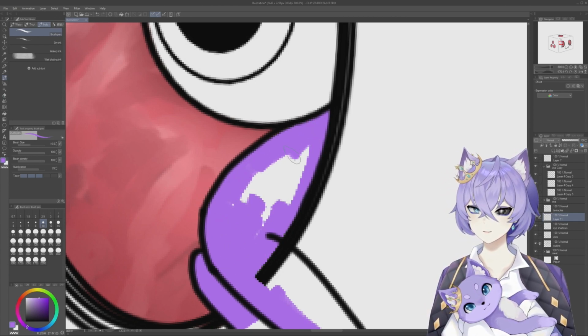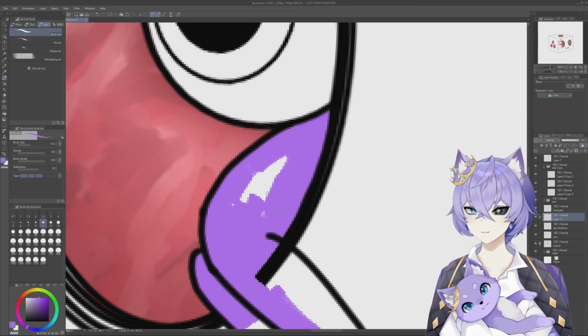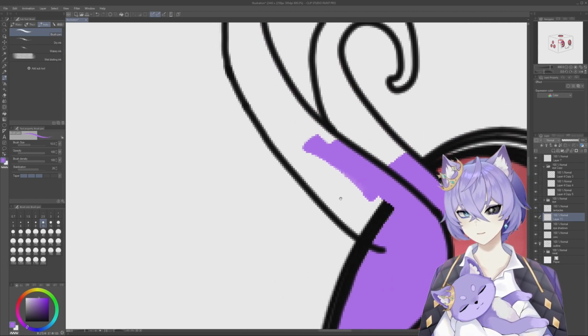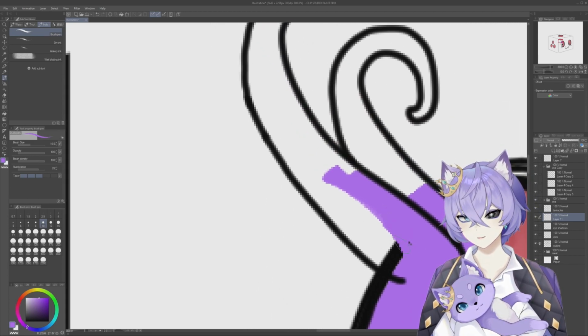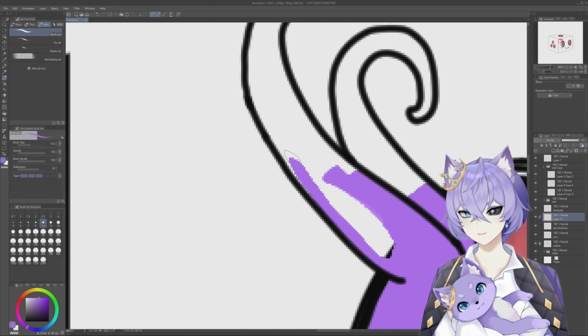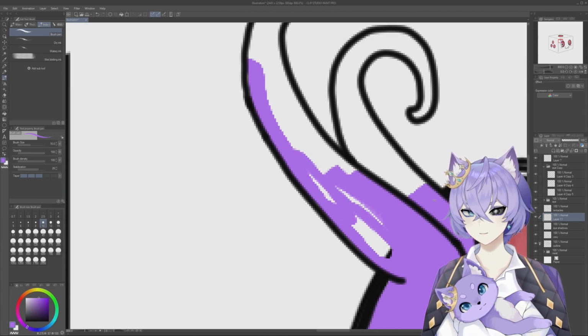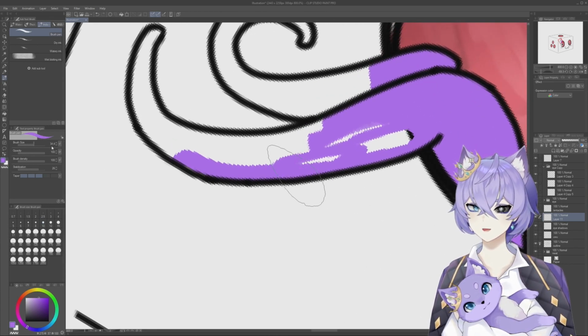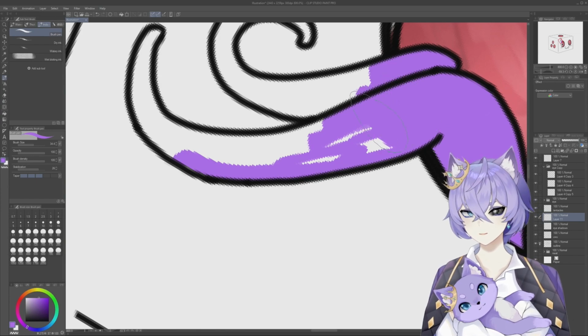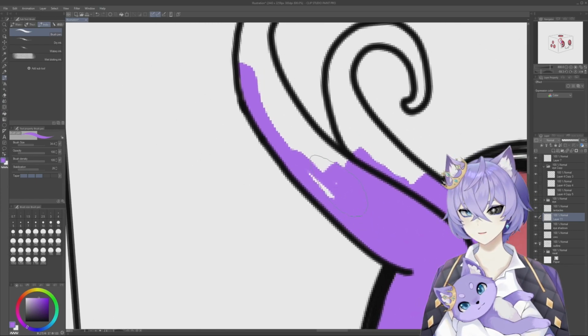Color this in. So for the tentacles, we do want a very solid color for the base, and then I can manipulate it from there, I think. I'm a little worried that this purple's too dark, but we'll have to see and play around with it a little.